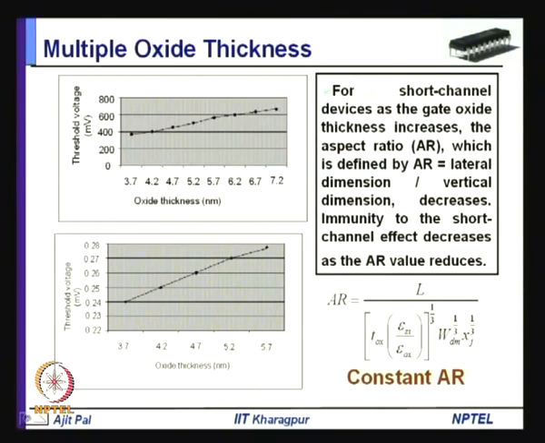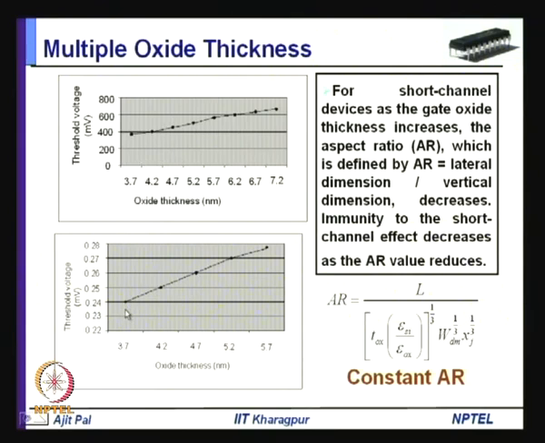Again, this will require an additional step. And in the lower curve, the aspect ratio is maintained constant, where the aspect ratio is L by T ox into epsilon Si by epsilon Ox to the power 1 by 3 into W 1 by 3, that is the width, and x into 1 by 3 G. If you maintain this aspect ratio constant, then of course your variation is less.